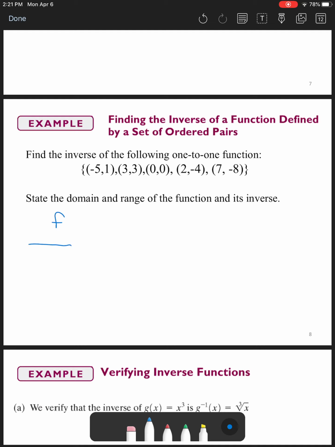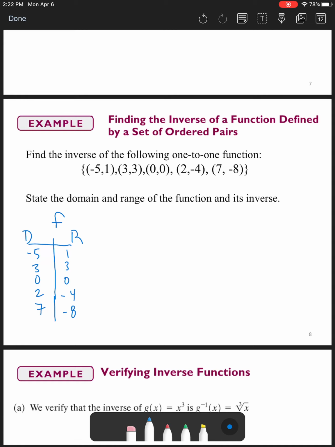So we'll say the original function: the domain of the original function is -5, 3, 0, 2, 7. The range of the original function would be the y values: 1, 3, 0, -4, -8.